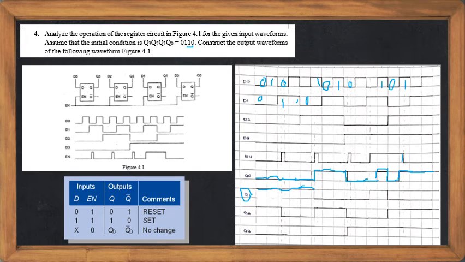When D is 0 and enable is 1, the output will be reset. And then when D is 0 and enable is 0, it will be no change.